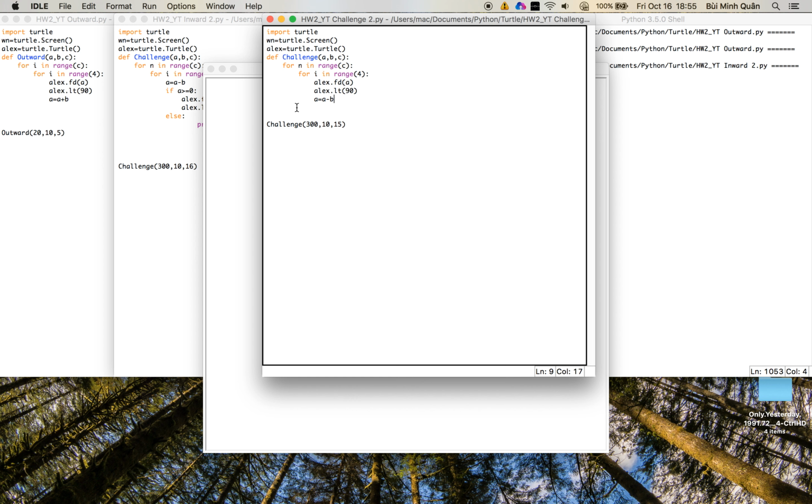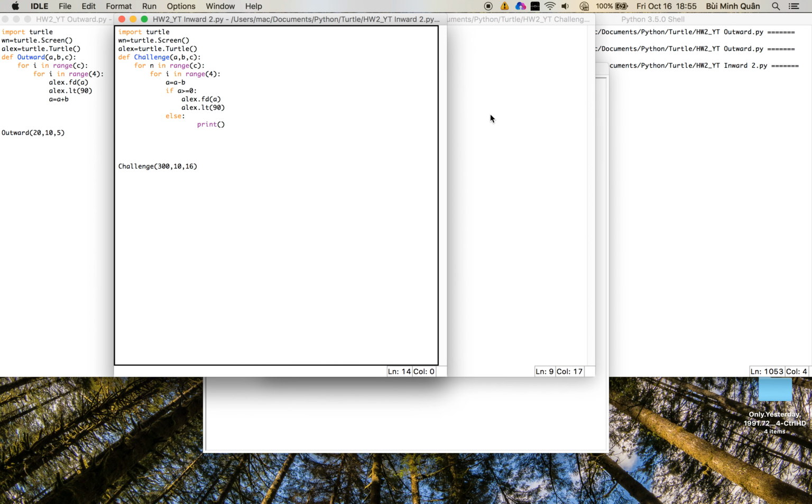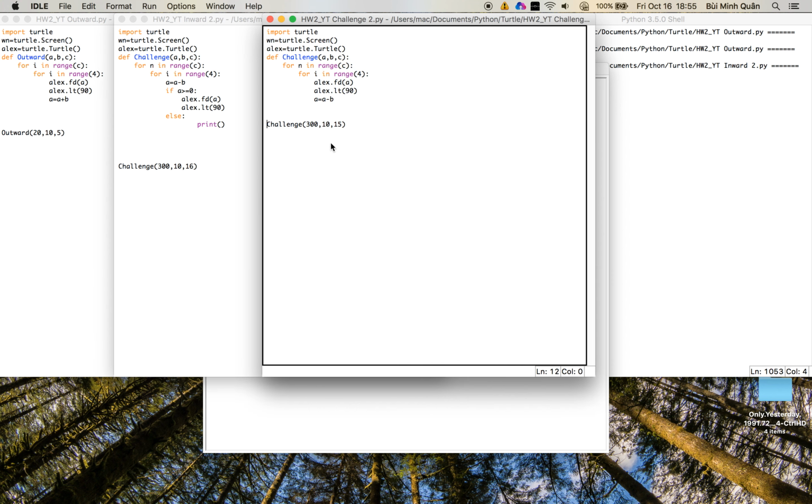By coincidence, I made the challenge file first, and then I made the inward second. By mistake, I made the challenge first. So it's even simpler than the inward function. This is my code, this is my idea, and this is my sample.